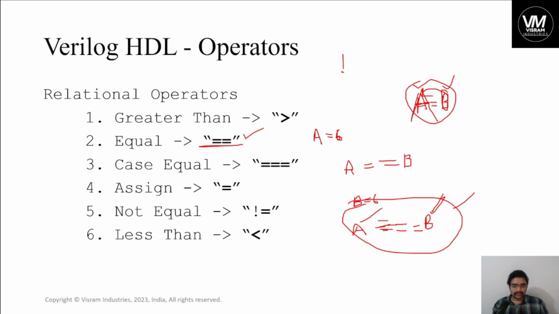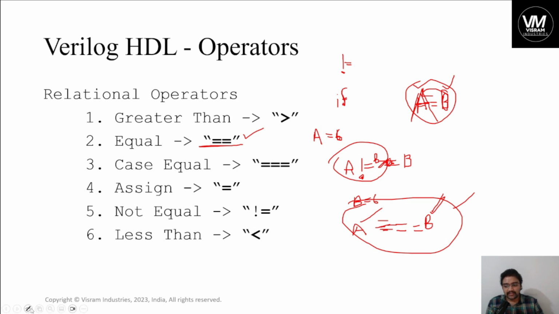So that is this, and not equal to. This is how it is written. If A is not equal to B, forget this, guys. A is not equal to B, then this is a condition. So where do we use these kinds of relational operators or any other operators? These are used in if conditions with some functions.